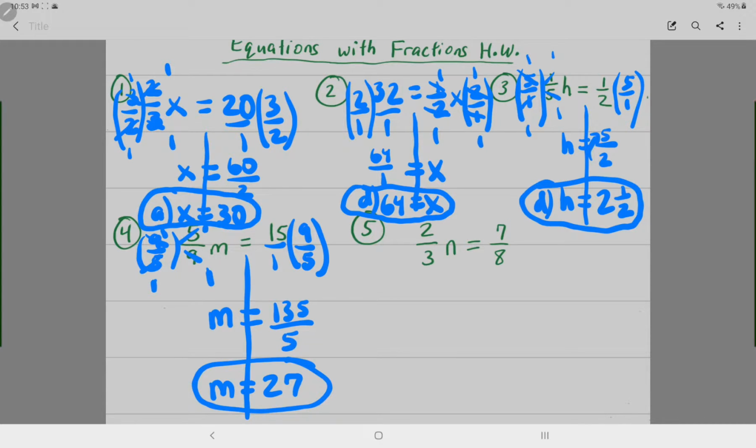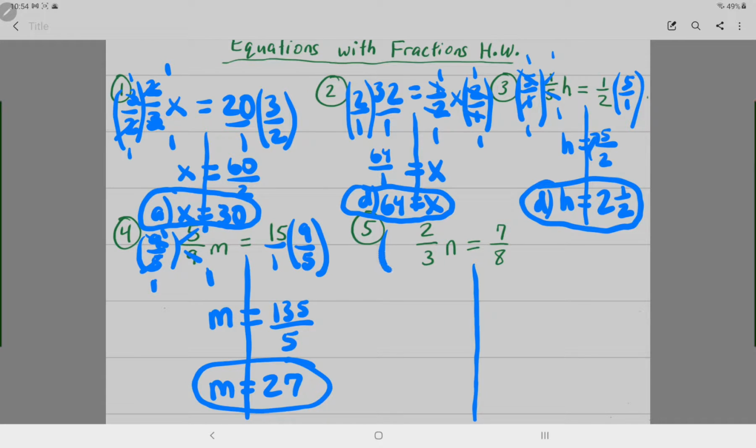Okay? All right. Last but not least, we have number 5. And we have the equation 2/3 n equals 7 over 8. And we're looking to find out how many pounds of cashews were in the bag. So equal sign, draw the line. Now we're looking at division. It says 2 over 3, or 2 divided by 3.